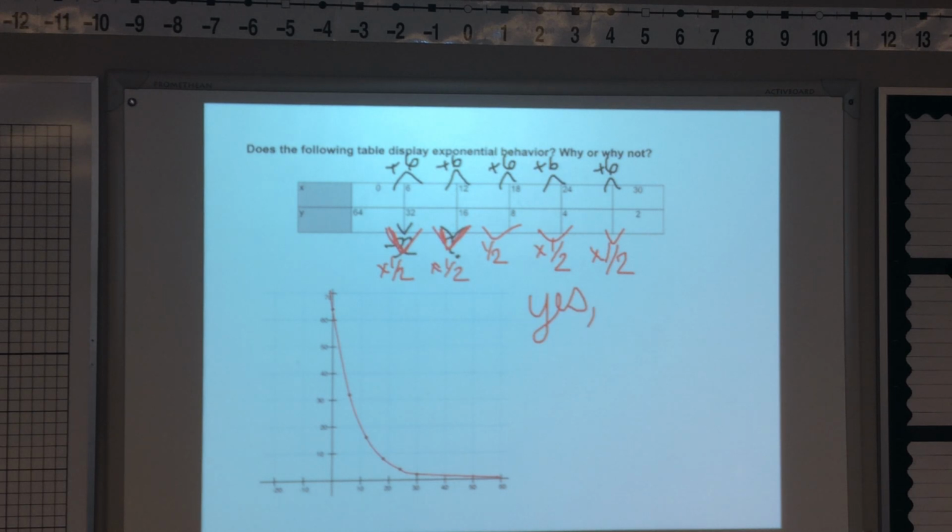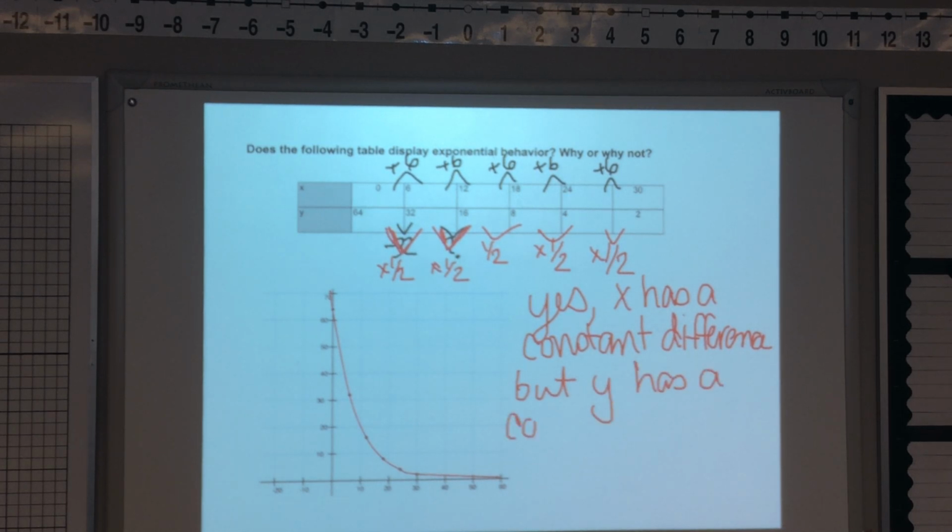And to explain, x has a constant difference, but y has a constant ratio. And if you want to call it a constant multiple, that is perfectly fine because you're multiplying each time. So I'm 100% okay with that.